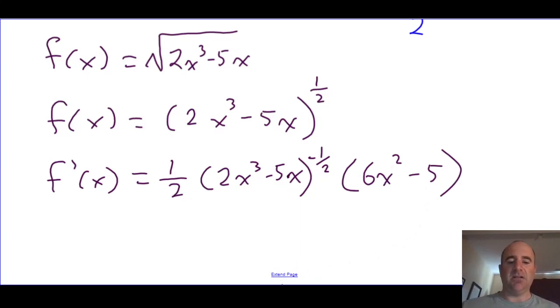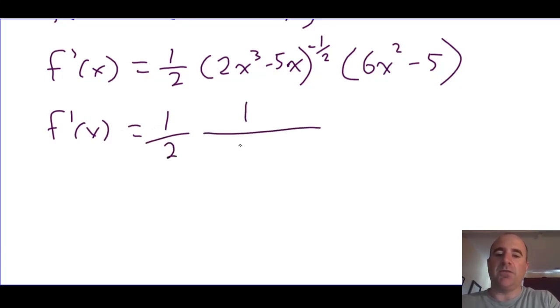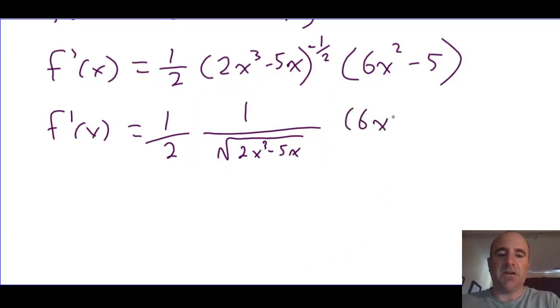And now we're ready to clean it all up here. Notice that your algebra will get better as you work more and more on this. This is really 1 over the square root of 2x squared minus 5x, times 4x minus 5.